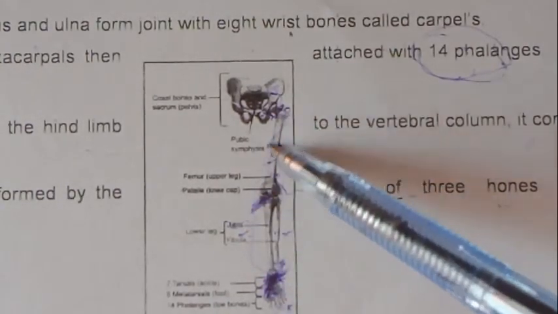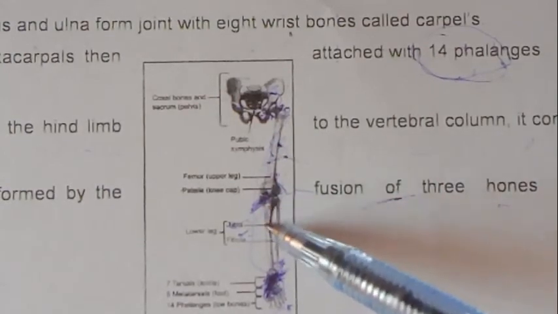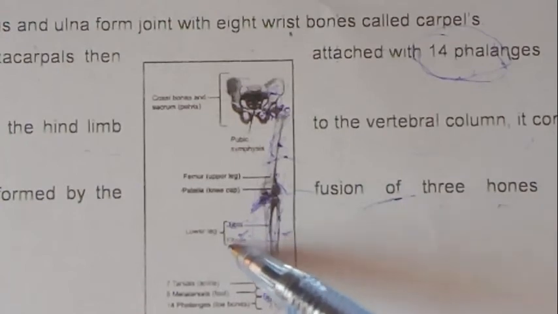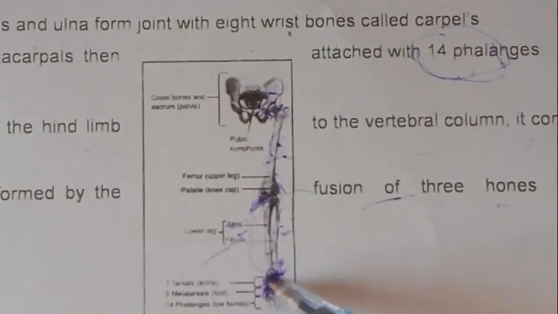The first large bone is called the femur. The lower two cylindrical long bones are called the fibula and tibia. And here the eight bones, from the ankle region, are called the tarsals.